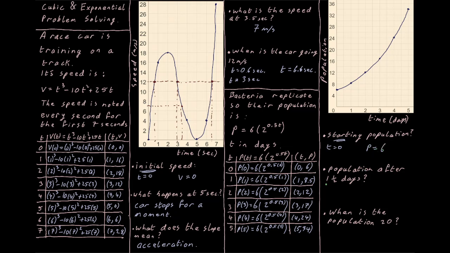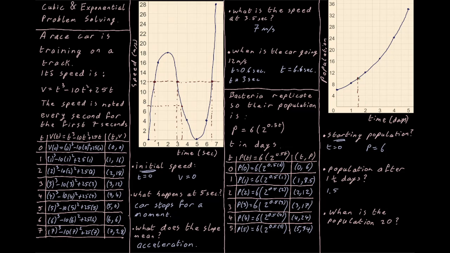What is the population after 1.5 days? Well, we want to be on our curve and we want the days to be 1.5. We have to be careful about the way our boxes are working here. Our boxes are going in 0.5, so 1 to 1.5 to 2. So we're interested in the time value being 1.5.